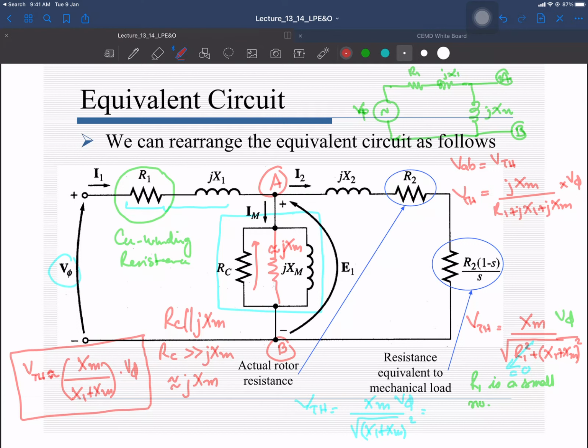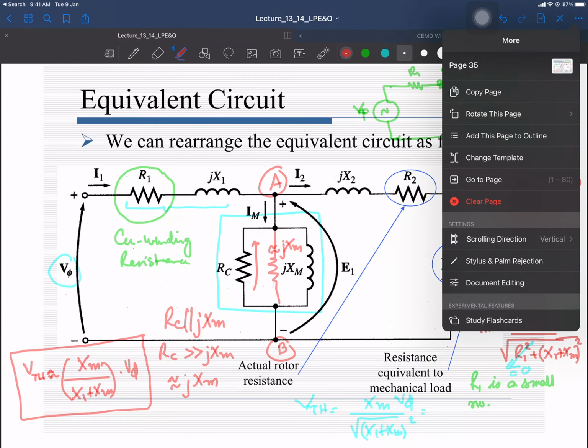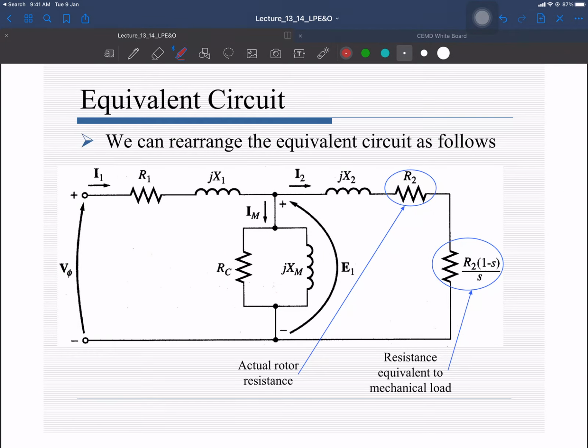Okay, now after calculating the Thevenin voltage, we need to calculate the Thevenin impedance. In order to calculate the Thevenin impedance, you will have to remove all the voltage sources, which is done by short circuiting this one. If you short circuit over here and look at the impedance between point A and point B, that will be the Z Thevenin.